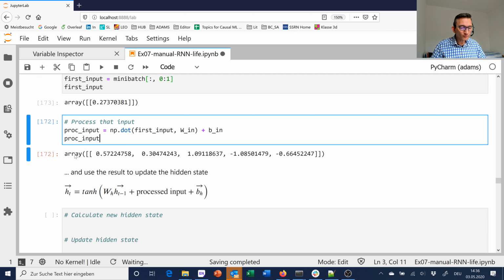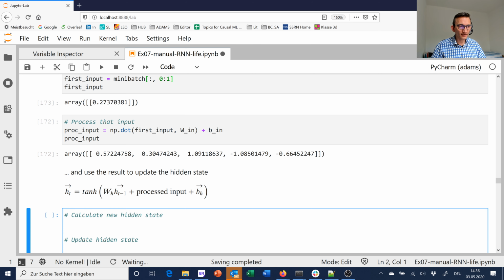Okay, then since we have the processed input, we can integrate that processed input with the hidden state using the previous hidden state. So let's say we introduce h state new is equal to, well, RNNs used to make a lot of use of the hyperbolic tangent. Let's stick to that. We need an activation function. I use the tanh function.